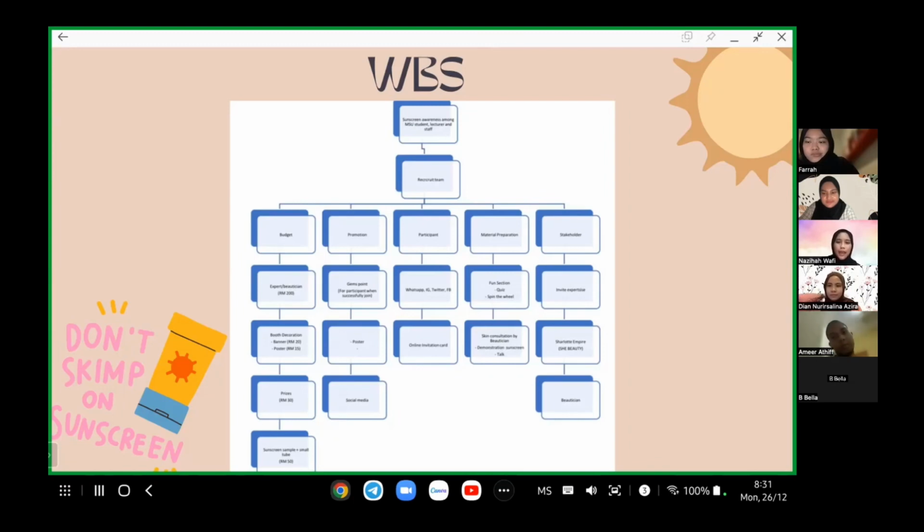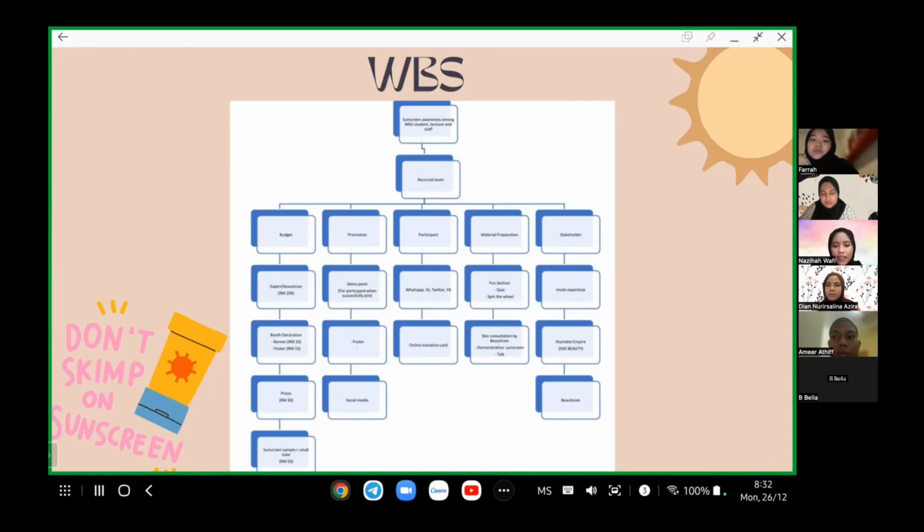So for the WBS, we start with the sunscreen awareness among MSU students, lecturers and also staff. There are five recruit teams: budget, promotion, participant, material preparation, and stakeholder.